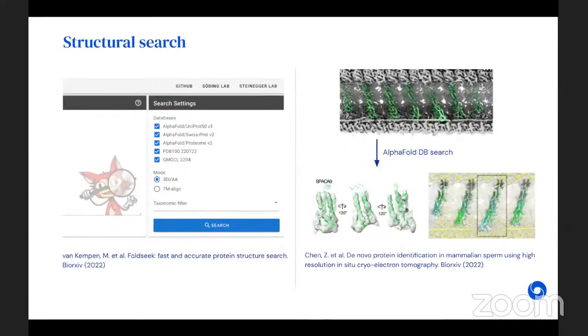And then the question is, how can you use that? I would like to highlight Foldseek, which is an incredible tool that allows you to search for structures, even against very large databases like the AlphaFold database. So if you have a structure, you can find everything that looks like it in this database. One of the research applications is in cryo-EM and cryo-ET imaging techniques, where you get the blob of density, but you don't always know what that protein was, right?